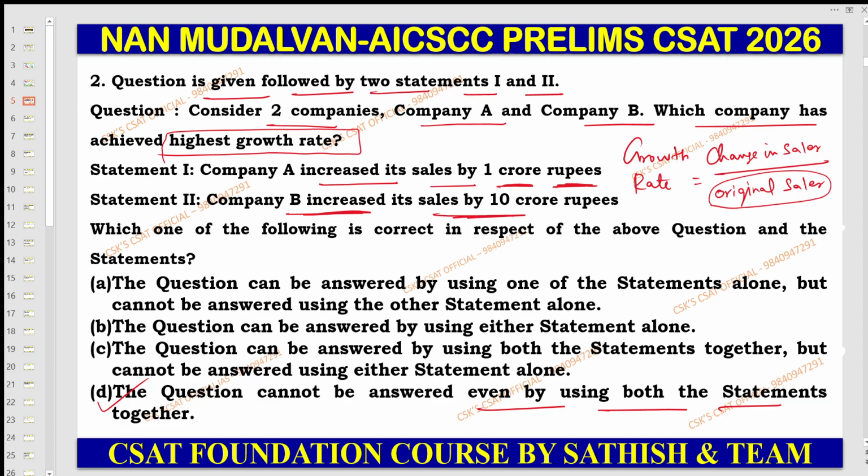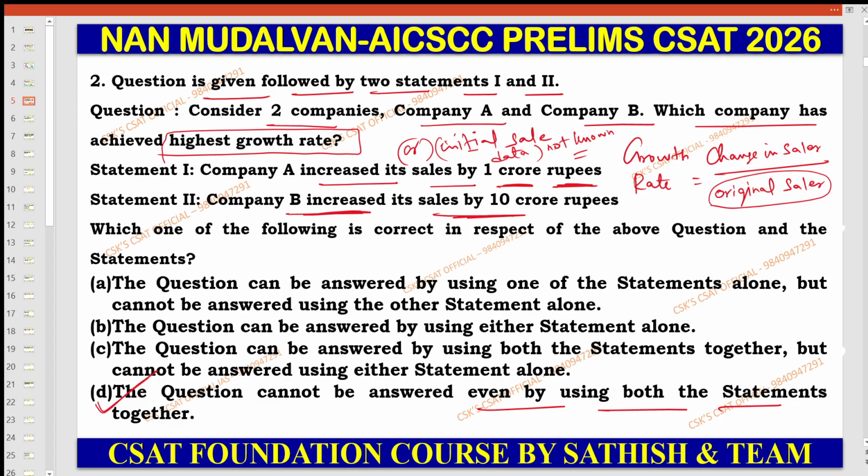You know only that sales increased, without knowing the initial sale data. Data not known. Understood by everyone? Initial sale data not known. Then you can't compare this. Understood, everyone? If you understood, I'll move to the next question. Okay. Right. Next one.